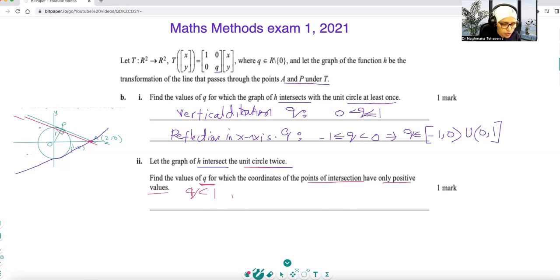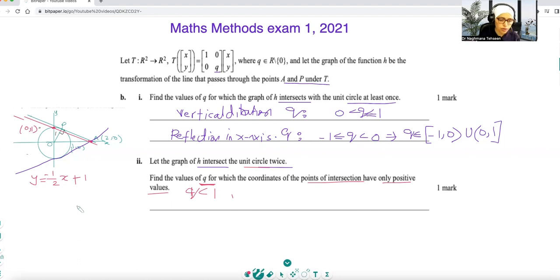Because this coordinate here is 0 and 1. You could find the equation of the straight line straight away from there, which is not required. But if you want to see it, the line passes through this point and this point, and that straight line would look like y = -1/2 x + 1, where the gradient is -1/2. So that would be the pink line there.